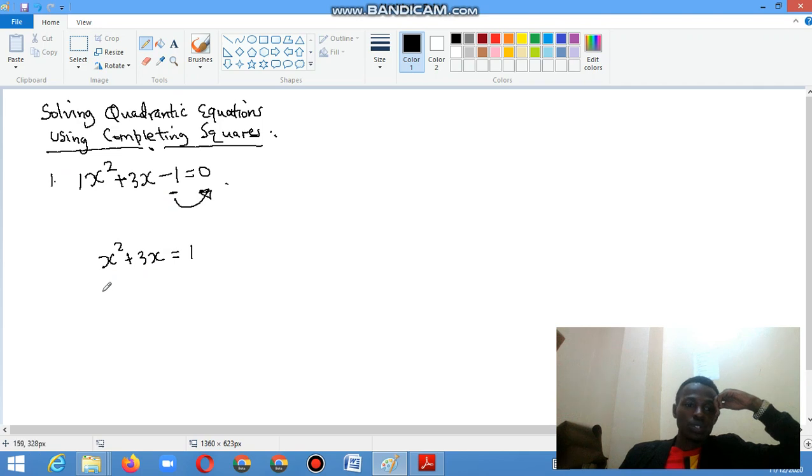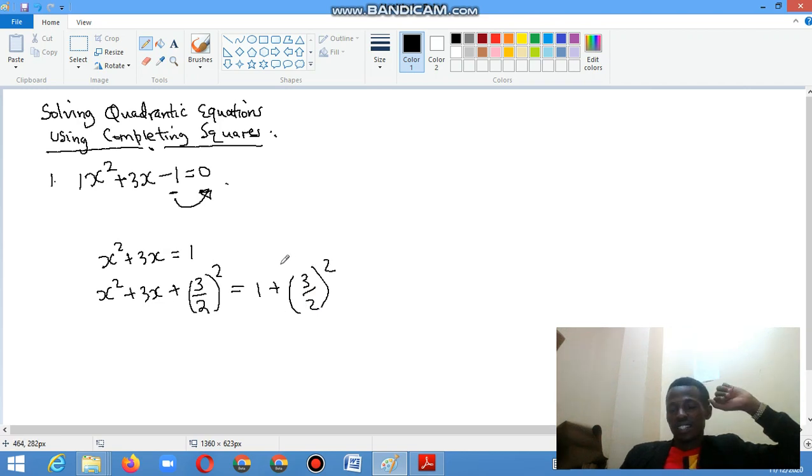So we say x squared plus 3x plus, you take that coefficient of x, divide it by 2, then square it, equals 1 plus the same. You add it to both sides. When you add it to both sides, you haven't changed anything, my friends.